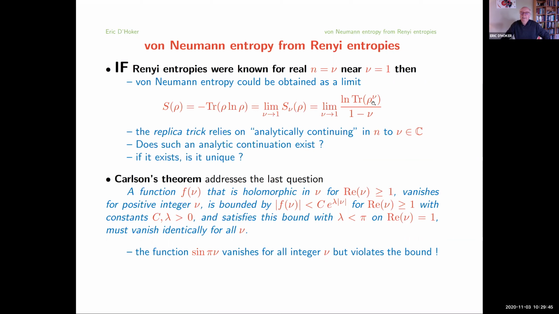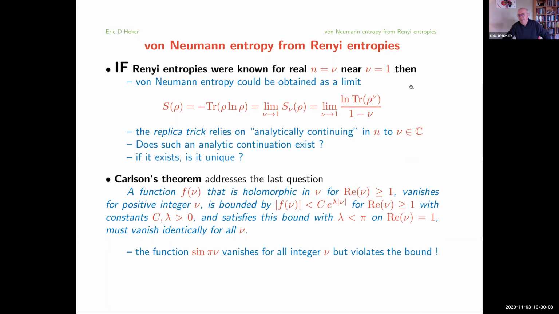The reason for that is that if nu is close to 1, then rho to the nu is approximately rho plus (nu minus 1) times rho log rho. The 1 is canceled by the log, and the 1 minus nu is canceled here. So you would actually get this formula back.